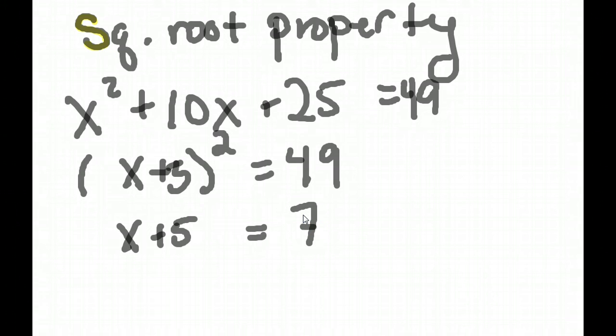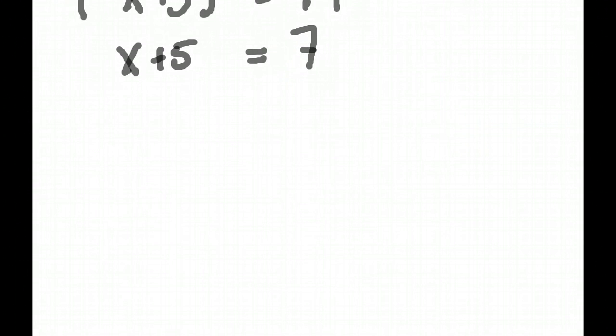And looking at this problem, we go, aha, we can take the square root of each side. And what are we trying to find as our answers? The roots, right? So we're just looking for these roots. But do you remember the whole thing about the plus or minus?